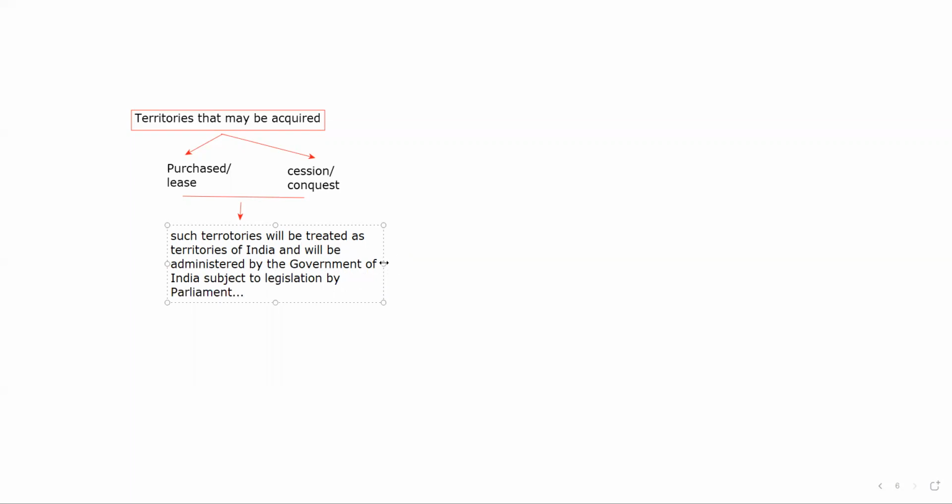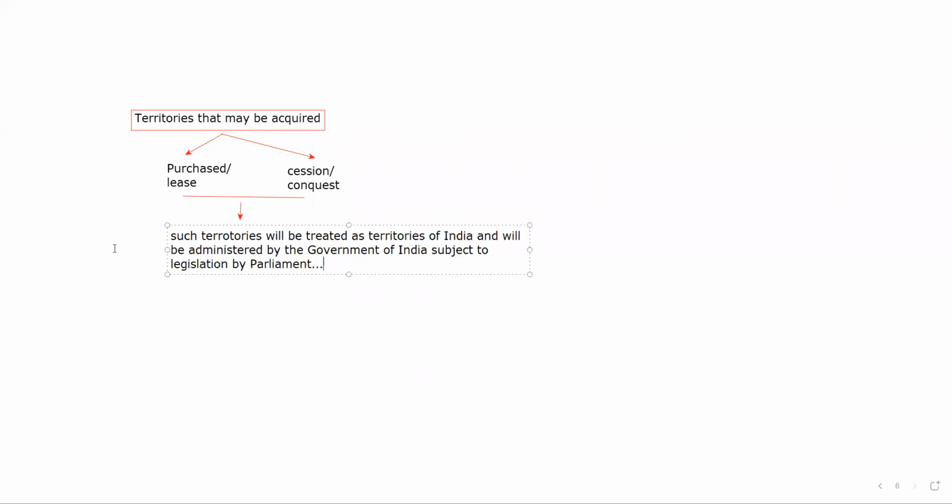So this is the next point. It means these territories shall be administered by the government of India, subject to the legislation by the Parliament.